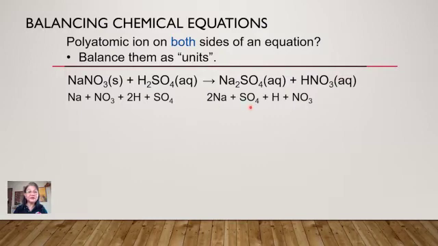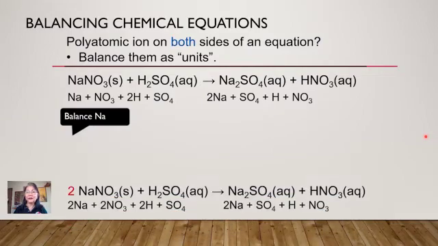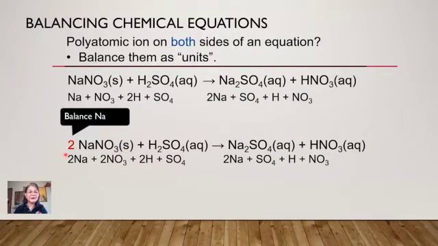So which of these does not balance? Sodium. There are two of the sodium, so we place the coefficient 2 before sodium nitrate. We balance sodium by placing the coefficient 2 before the formula of sodium nitrate.